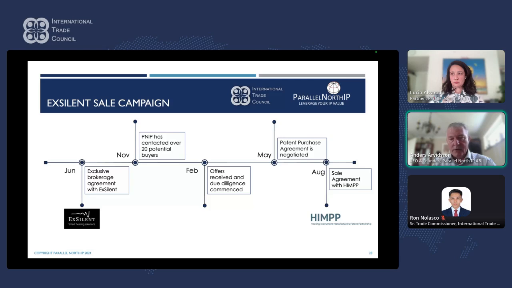The acquirer here was called HIMP. It's a consortium of hearing aid companies that went together and made a cumulative bid for the portfolio, so we could have an interesting competitive bid for the closing.